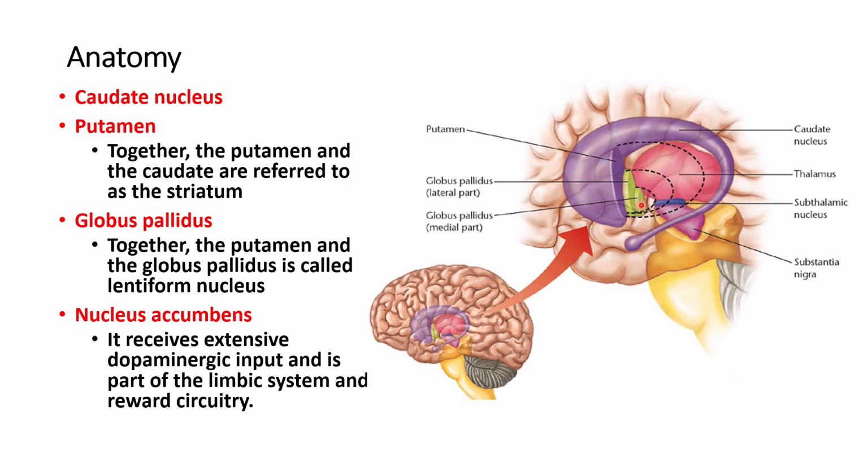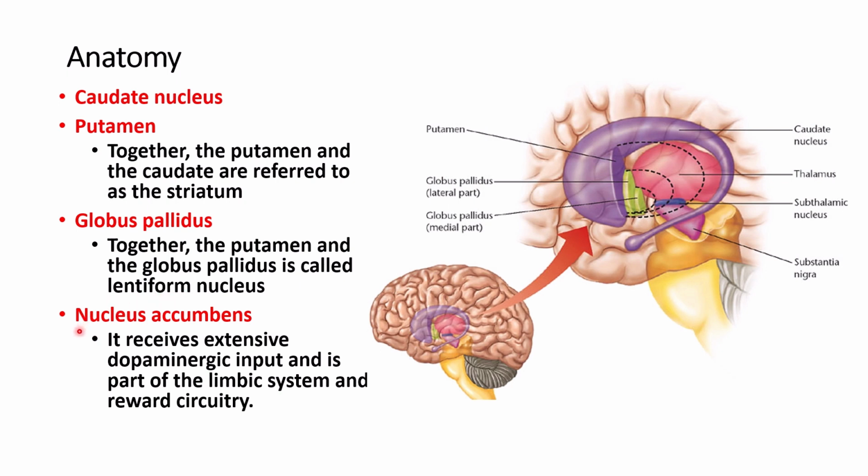The globus pallidus is located between the thalamus and putamen, and it is separated from the thalamus by the internal capsule. The globus pallidus is the main output for the basal ganglia. Putamen and globus pallidus together are called the lentiform nucleus because it looks like a lens when you cut it. That's how the name came about.